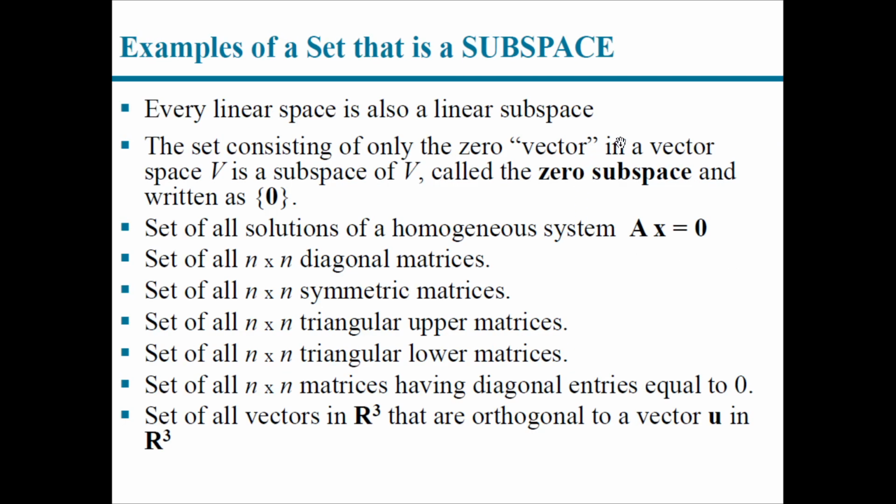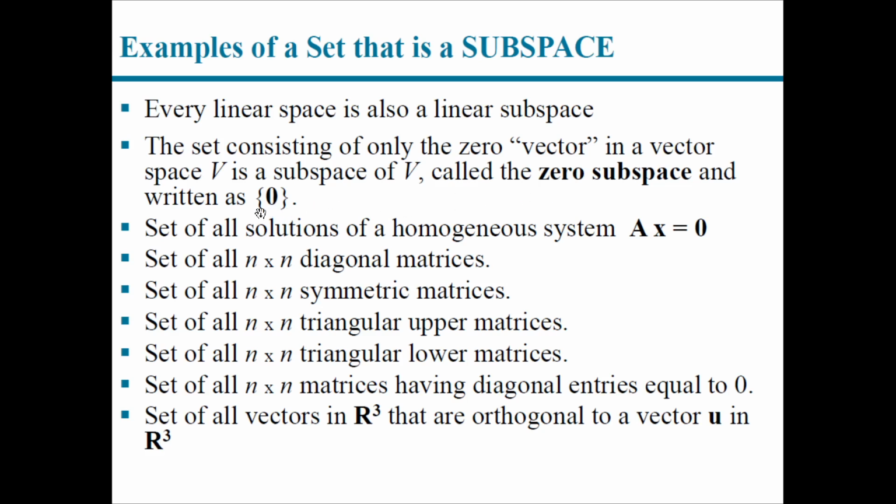Some examples of linear spaces on top of those given already. So we said every linear space is also a subspace. We have a zero subspace. That's a very special one. It contains only the element 0. So let's say V is R2. So the element 0 is the vector (0, 0).